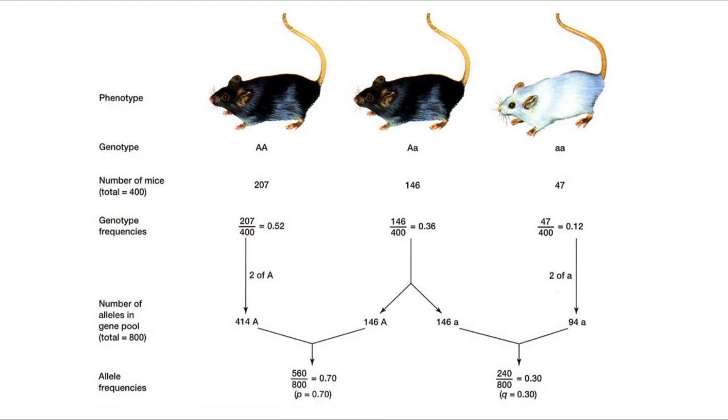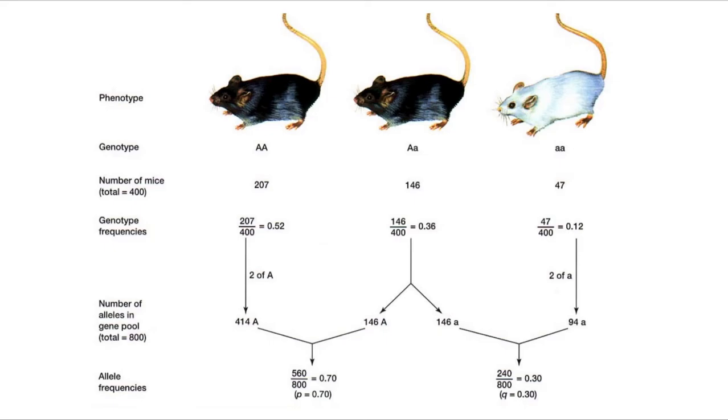Well, if we do a bit of math around that, what we'll find is that 207 p squareds gives us 414 dominant alleles. And we get that just by doubling the number of homozygous dominant individuals there are.